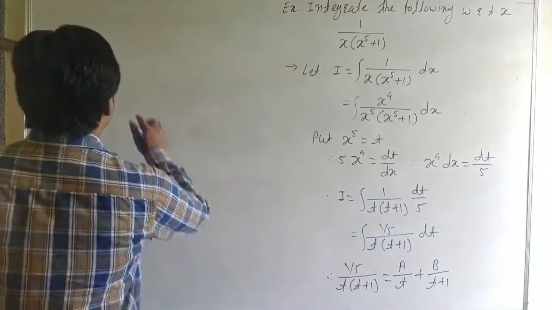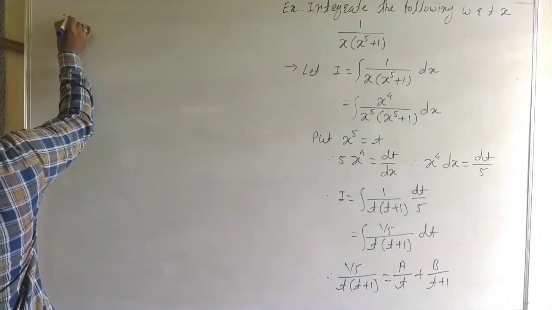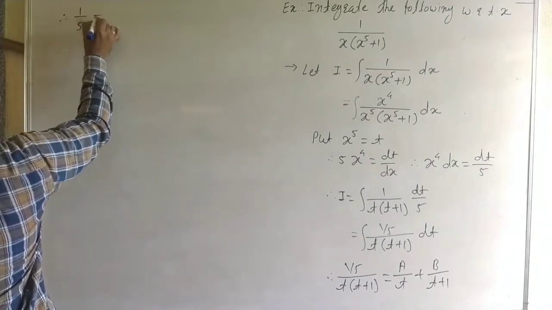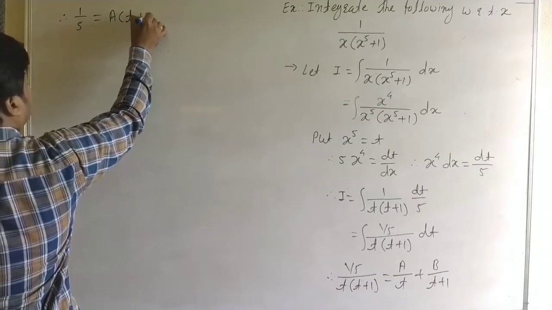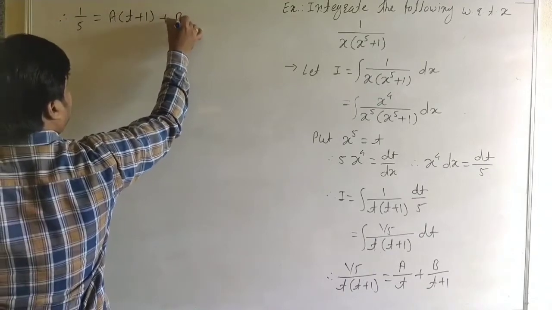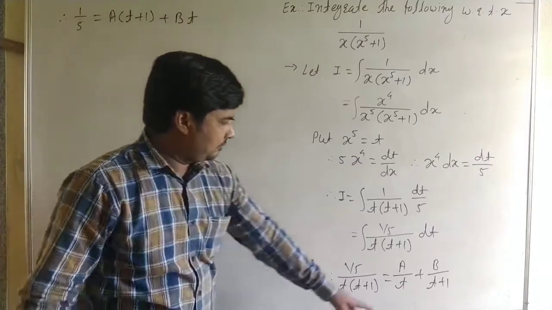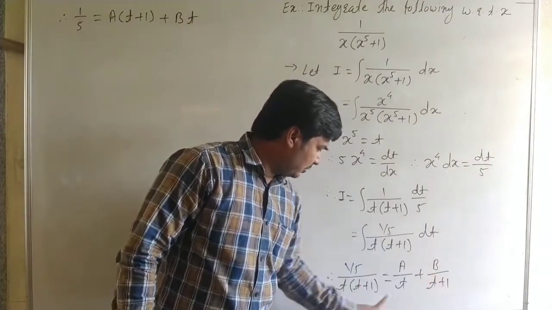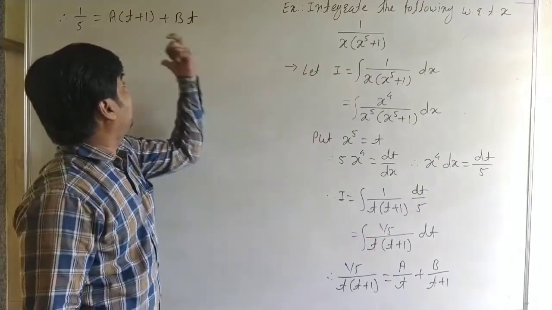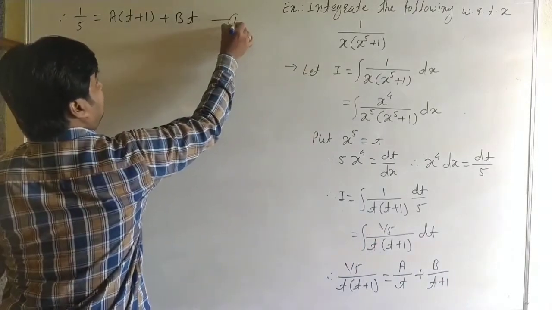Then this can be written 1 by 5 is equal to a into t plus 1 plus b into t, and in the denominator t into t plus 1; t into t plus 1 gets cancelled. We get this expression. It is equation number 1.